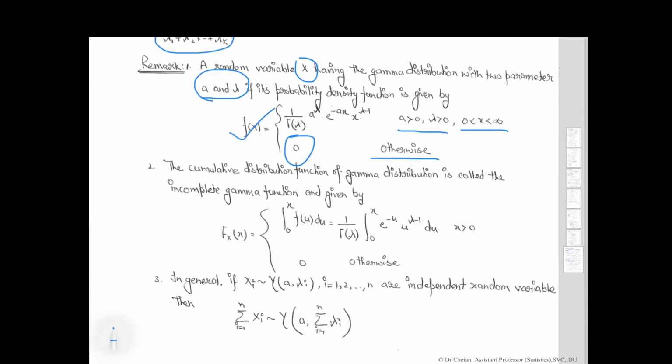Second, the cumulative distribution function of the gamma distribution is called the incomplete gamma function, which is given by this quantity or equal to this quantity, otherwise 0. In general, if xi follow the gamma distribution with two parameters a and lambda i and are independent random variables, then the sum over i of xi follows the gamma distribution with parameters a and the sum over i of lambda i.